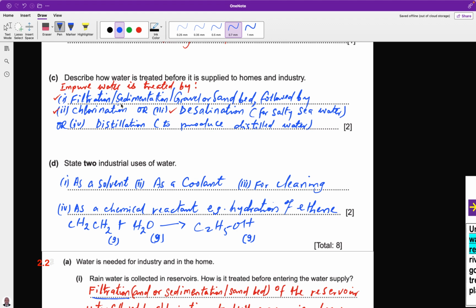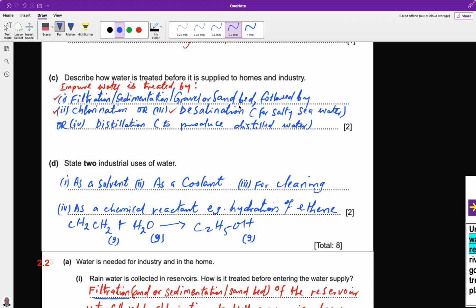During filtration, you can use sedimentation to remove large particles. You can use gravel or sandbed. Gravel, quartz, and after quartz bed, you can use the sandbed. The sandbed is for smaller particles, so the sandbed will help to remove the smaller debris that is present there.